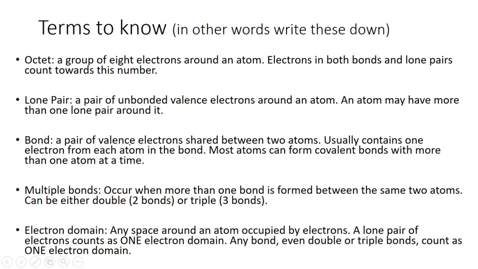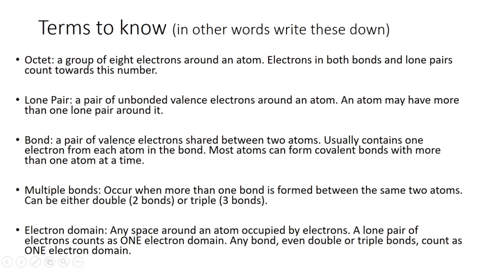The next term, bond. Hopefully after the other videos you are familiar with the word bond, but it's a pair of valence electrons shared between 2 atoms. It usually contains 1 electron from each atom in the bond, and most atoms can form covalent bonds with more than 1 atom at a time.